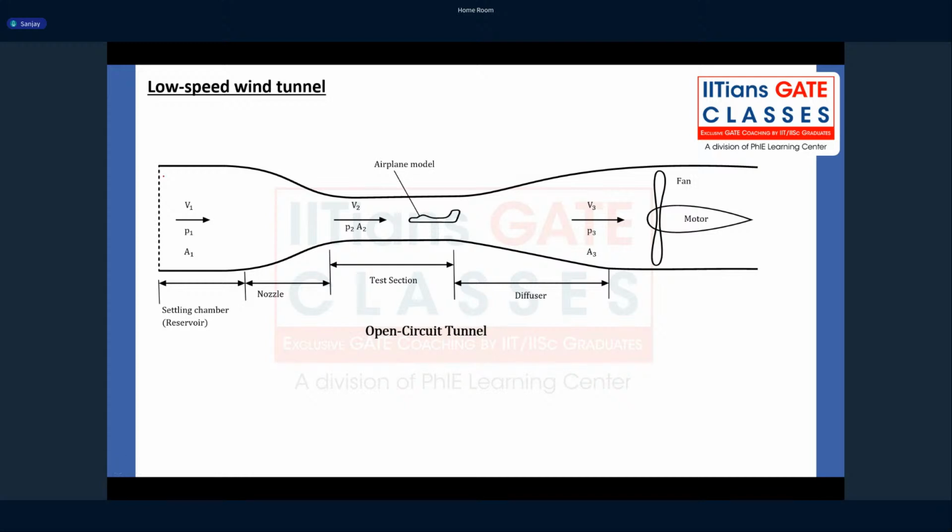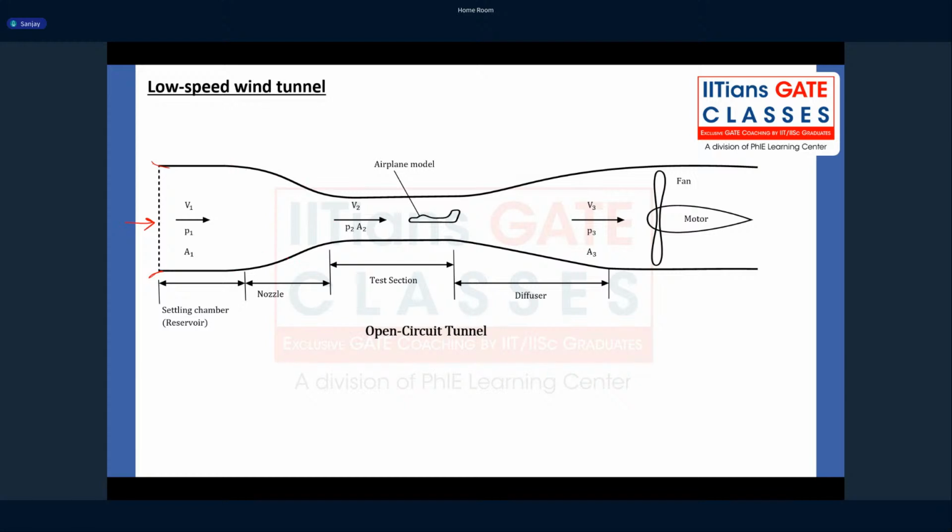You can see here, the wind tunnel is basically a duct. What type of duct is it? Is it a straight duct? No, it is a variable area duct. Initially there is an inlet of the wind tunnel, from where the air gets in. The air is captured through the inlet, and there is a converging section.